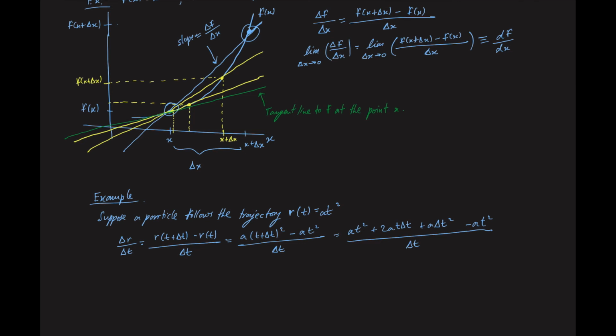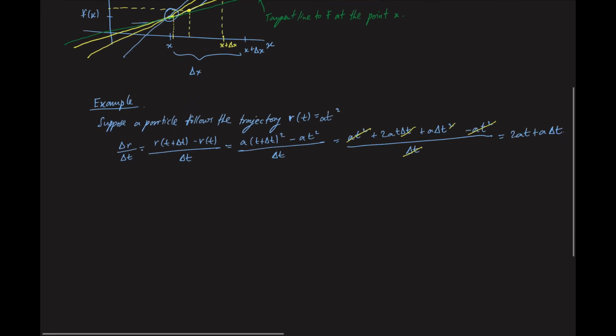We notice that a t squared and minus a t squared cancel, and this delta t cancels one of those delta t's. So this is equal to 2at plus a delta t. Okay, so that's the difference quotient. That's the slope of the line that connects r at t plus delta t and r at t.